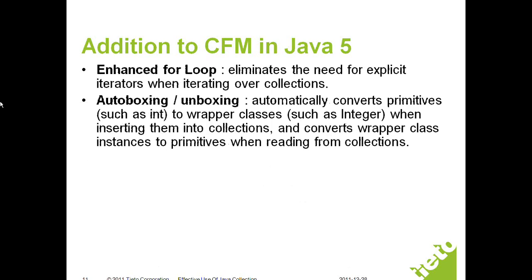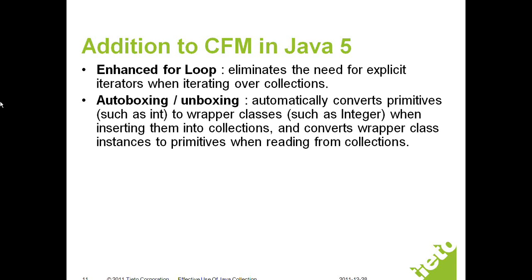Something else which was added in Java 5.0 and has impacted collections is the enhanced for loop. When we wanted to iterate over a collection earlier than Java 5.0, we had to get an iterator and put a while loop until the iterator's next doesn't return you null, or if it is a list, put a loop with i equal to 0, i less than list.size(), and i plus plus.